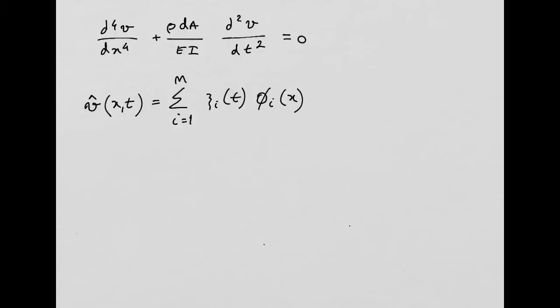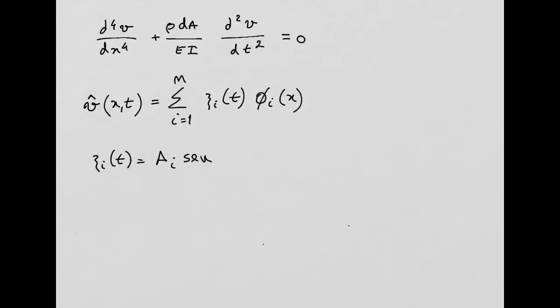We used the method of separation of variables. We separate into this C, which is only a function of time, and a function phi that is only a function of x. This phi is our shape functions. For this function phi_i, we can use the same functions we used before, combinations of sines and cosines. We did this last week, remember?